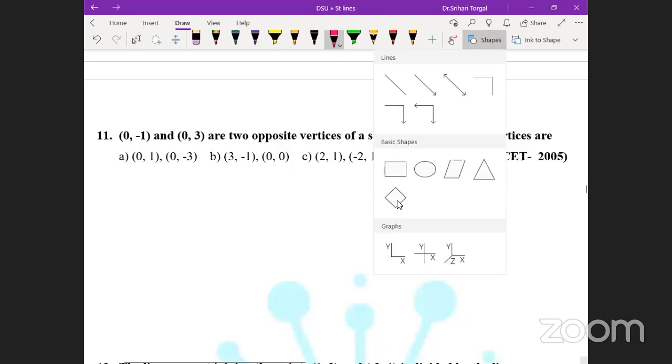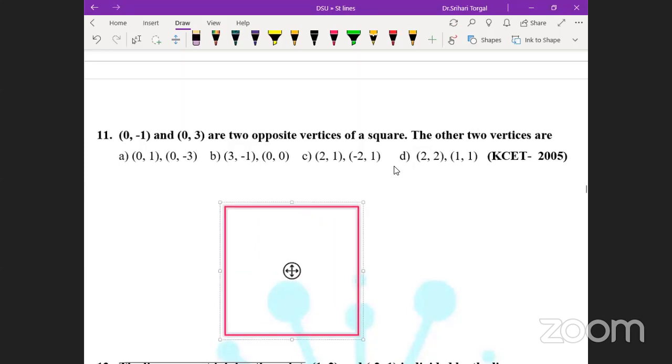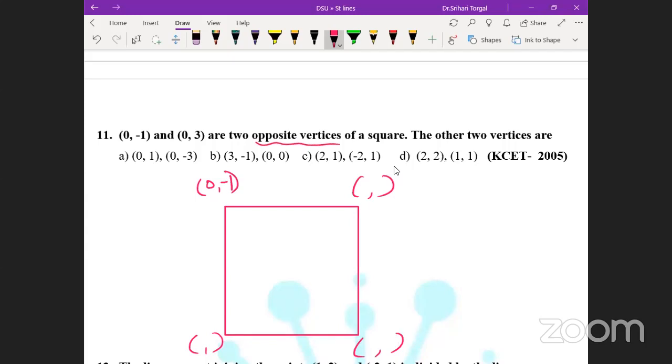0, minus 1. If I take this as 0, minus 1 point, opposite vertices, they have given that it is opposite vertices, that is 0, 3.